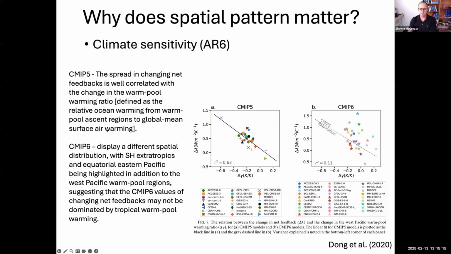CMIP6 also displays a relationship, but it is weaker. It's less reliant on that warm pool region. It has some reliance on eastern equatorial Pacific sea surface temperatures and some on southern hemisphere extratropics. But either way, it doesn't really matter where the pattern is, just that the pattern is important for this climate sensitivity, which is what I'm trying to get across.